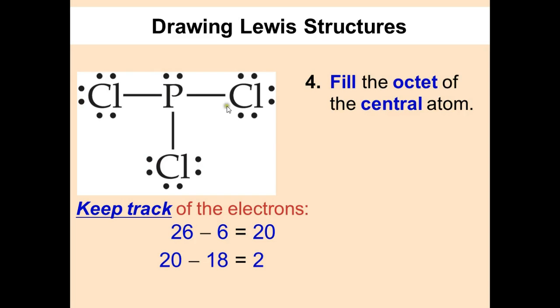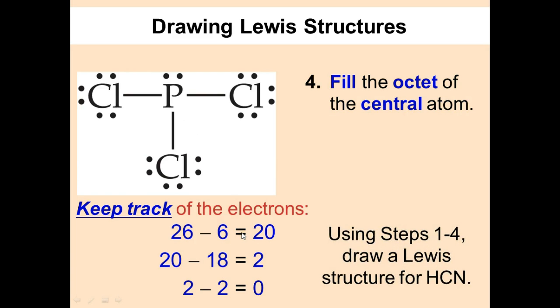And then we take the remainder and use it to fill up the central atom's octet. And so this works out perfectly for phosphorus trichloride, which now you know from naming covalently molecular compounds. And so those are the 1 through 4 steps.